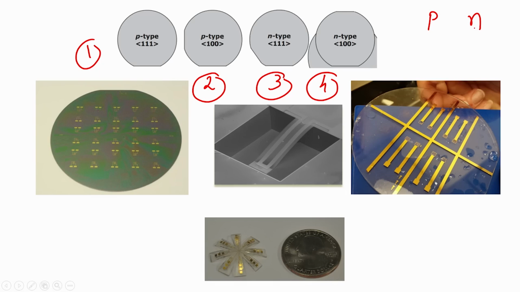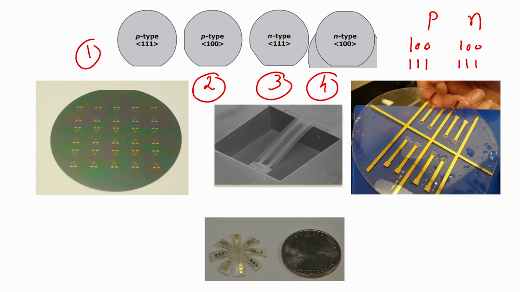Then I see 1 0 0 and 1 1 1. These are the crystal orientations. So how can we understand whether it is p type 100, n type 100, p type 111 or n type 111? How will we know?